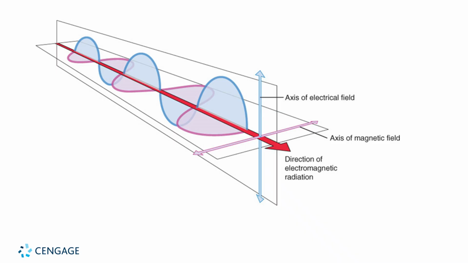And then 90 degrees opposed to that, the electric field is oscillating along the y-axis. Those are symmetric sinusoidal waves, and they are paired. When you get a crest in the electric field, you get a crest in the magnetic field. When you get a trough, you get a trough in the magnetic field. They're paired exactly, and they kind of look like butterflies.